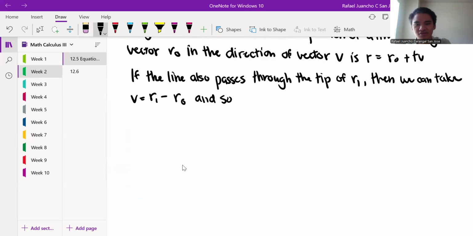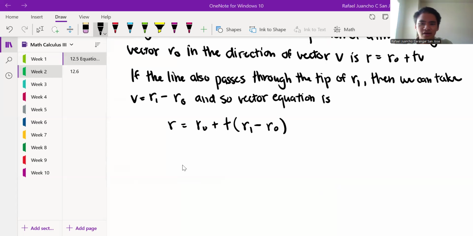And from there, we can translate the vector equation into something else. The vector equation is R equals R naught plus T times R1 minus R naught. And then from here, we can simplify some stuff.